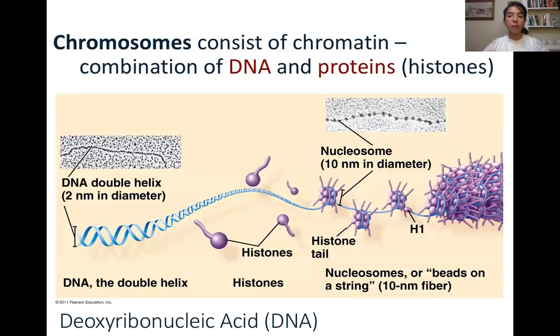But what are chromosomes? Chromosomes consist of chromatin, and that means that they are going to have DNA and proteins. And these proteins are histones. So in here we have DNA. This is the DNA in blue.